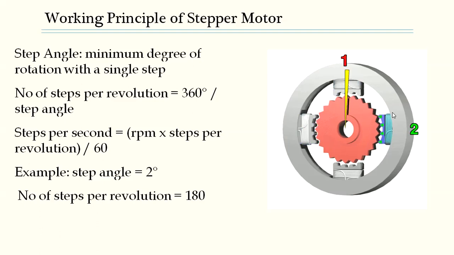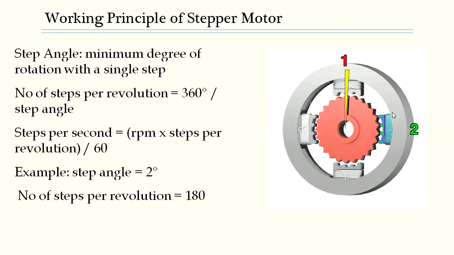Normally stepper motors come with a step angle of 1.8 degrees or 2 degrees. The steps per second would be calculated from the RPM, that is, the steps per revolution divided by 60. By this we come to know the steps per second.